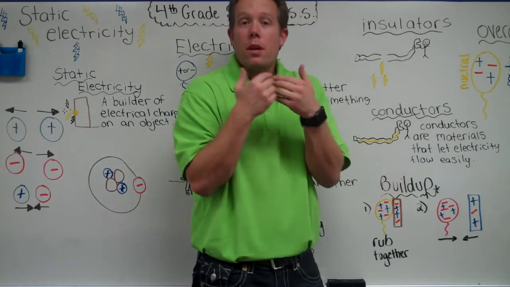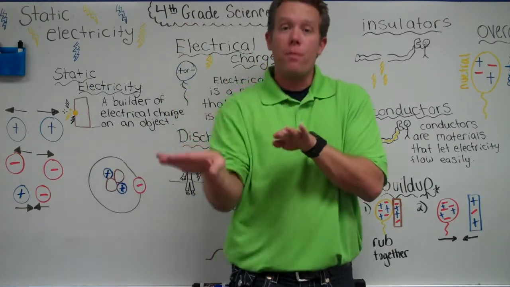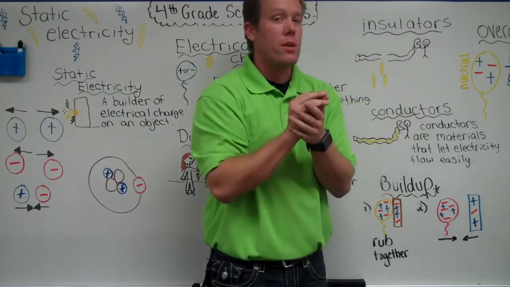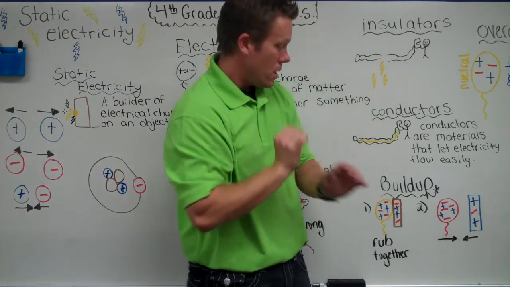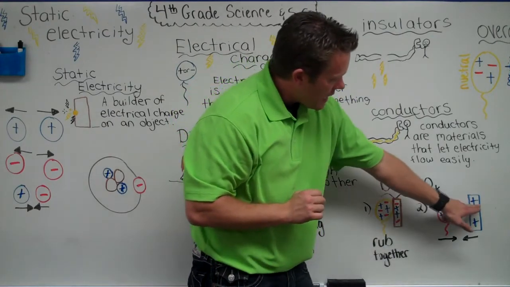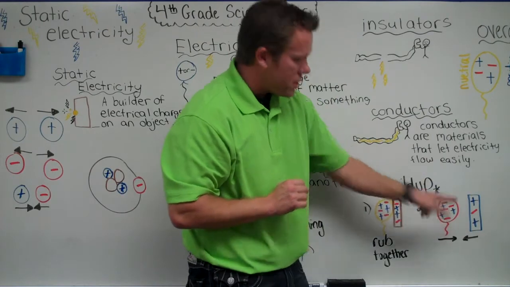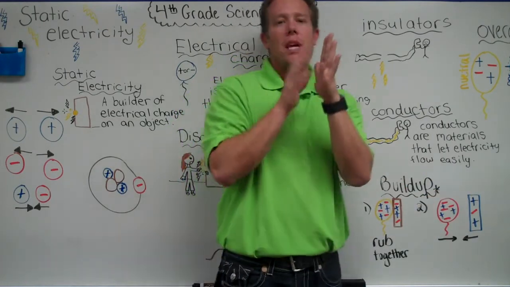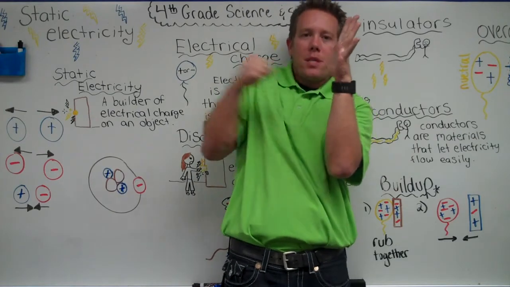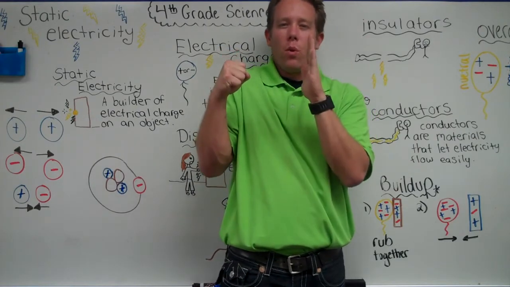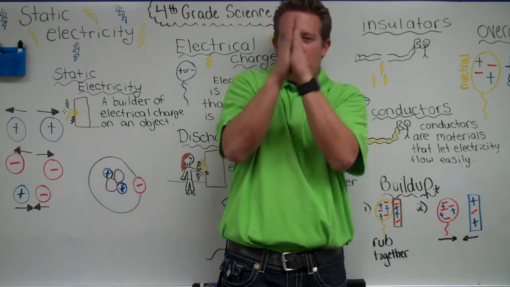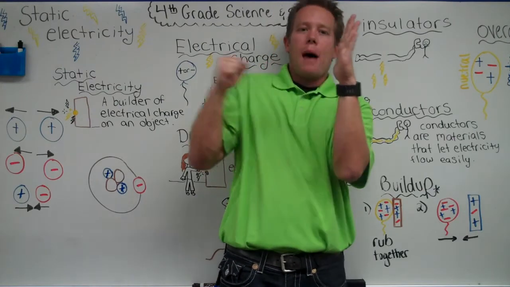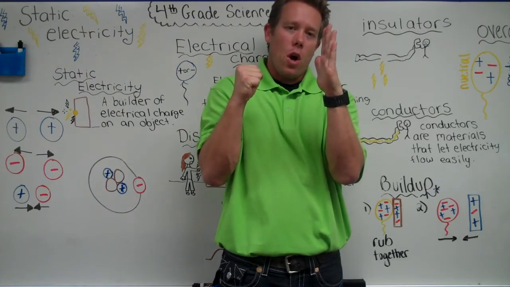Negatively charged particles tend to jump from one thing to another easier than positively charged things. If you want to think about it, the balloon kind of grabbed the electron off of the wool cloth. When it was rubbing, the balloon went grab, and it grabbed that negative charge.